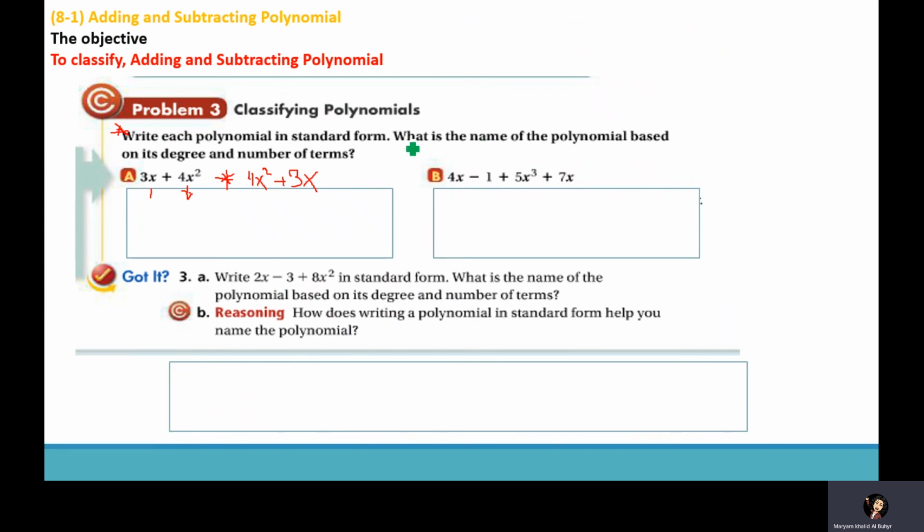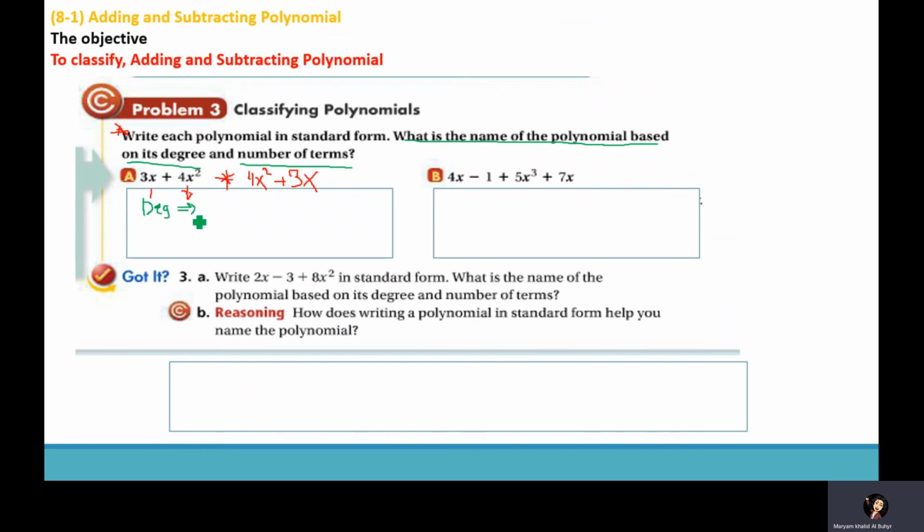Now the second question: what is the name of the polynomial based on its degree and based on the number of terms? Based on degree, what is the degree here? The degree here is 2. Why is it 2?